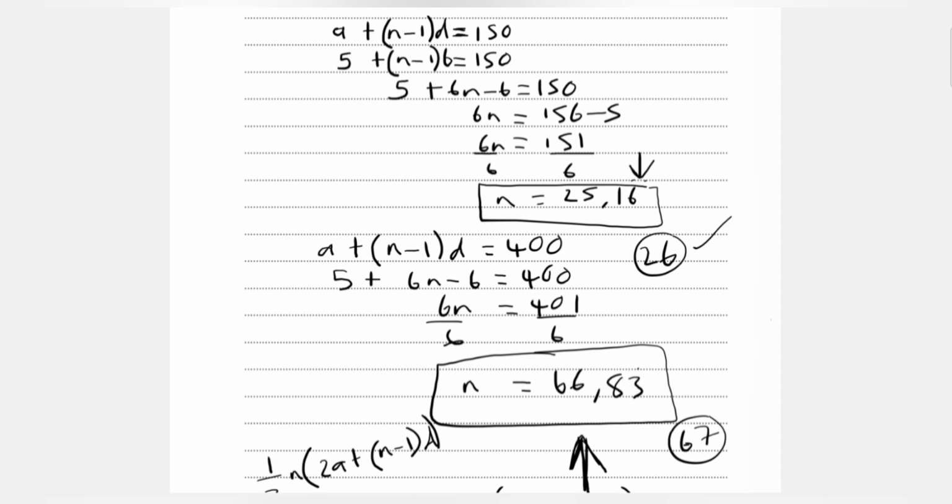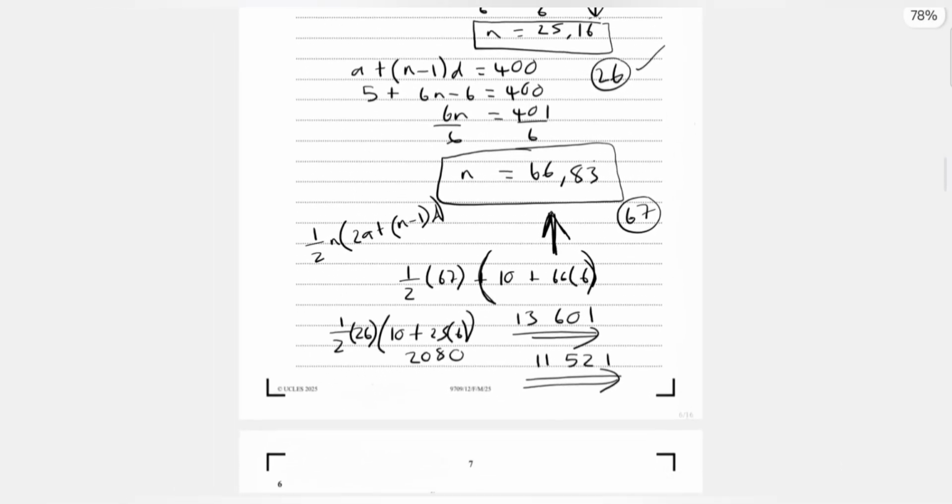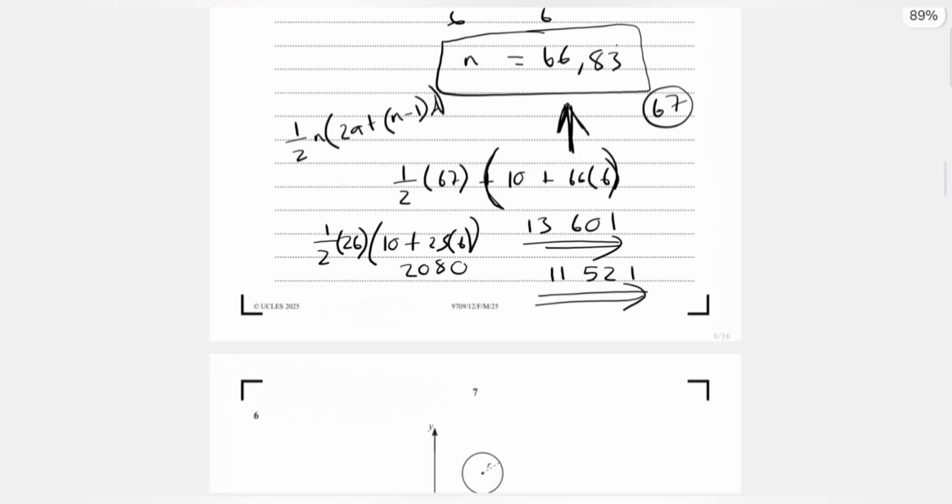Because if we had used 25, we would have left 0.16, right? So 26 makes more sense. And for this one, use 67 because it makes more sense. If we round it, we get 67, and if we use 67, we would have covered the number that we're given, right? Then you follow that to get 11,521 for 6 marks, right?